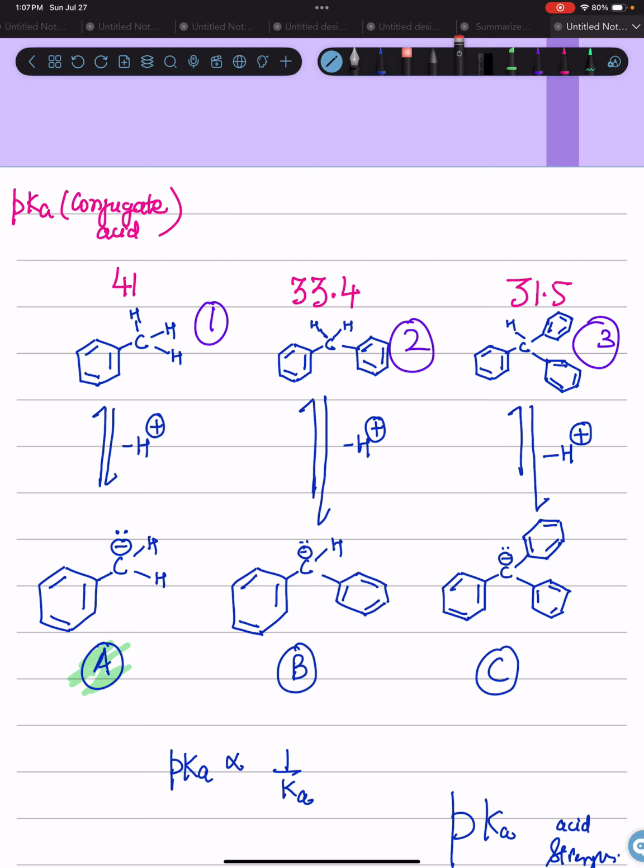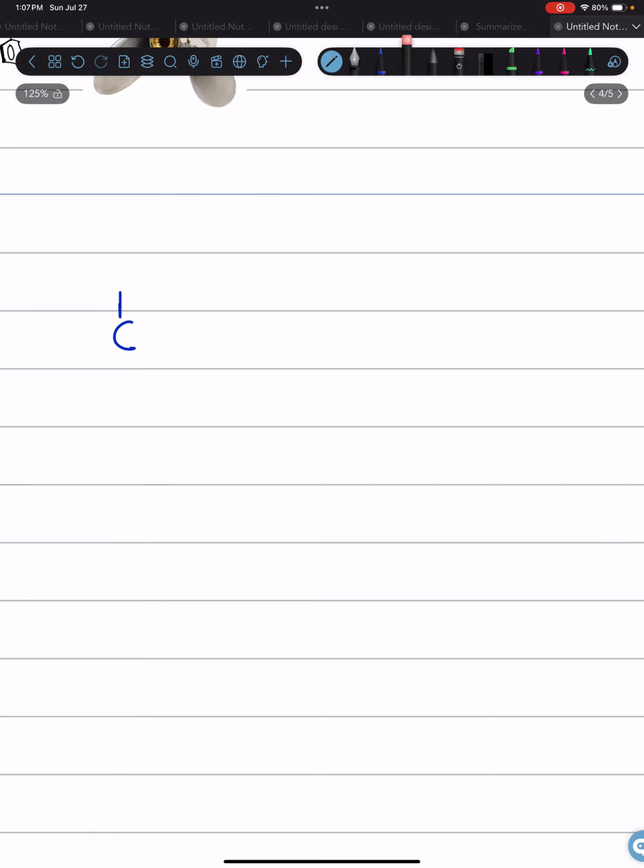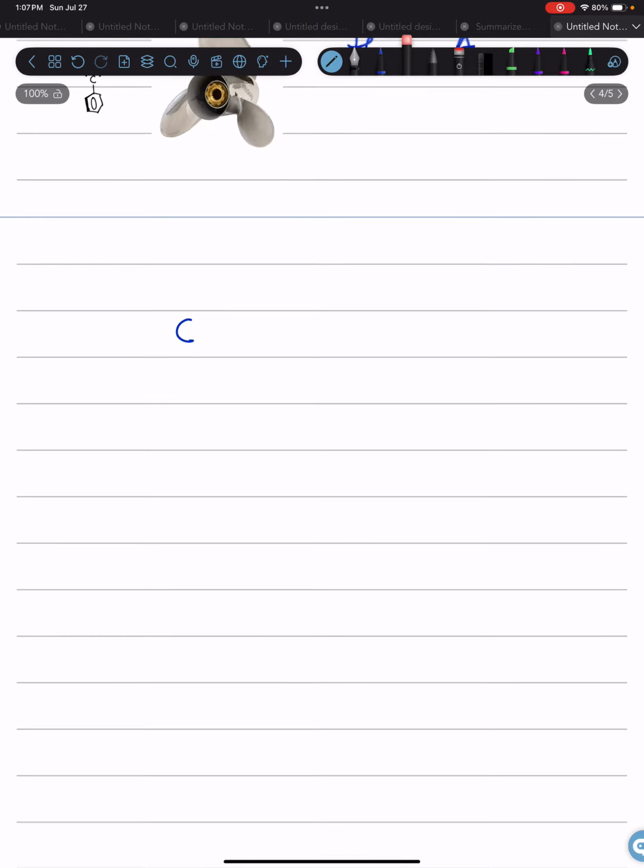So to answer that question, we need to understand that in the case of triphenylmethyl carbanion, what happens is, so this is the carbon, and you have 3 phenyl rings attached to the central carbon bearing the negative charge.